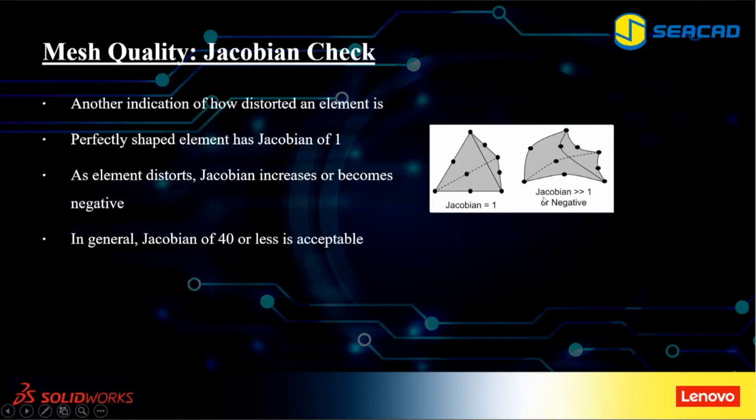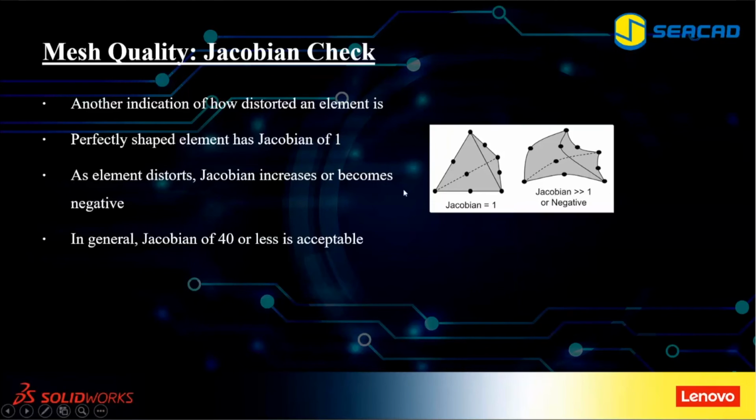If there is any rotation, transformation, or distortion of the tetrahedral element, the Jacobian will be over 1 or negative. You can see the tetrahedral element on the right side has large distortion, so it is far over 1.